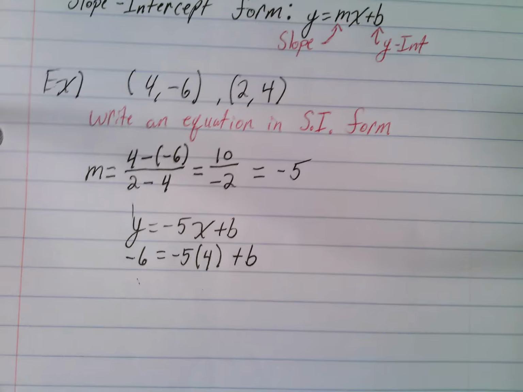So there's the other number I need. So my slope-intercept form would read as what? Go ahead, Lacey. Y equals -5x plus 14.